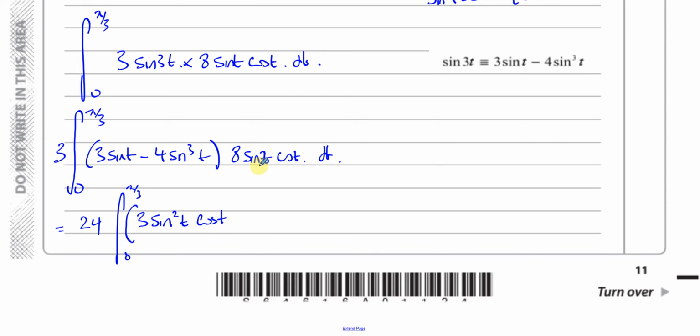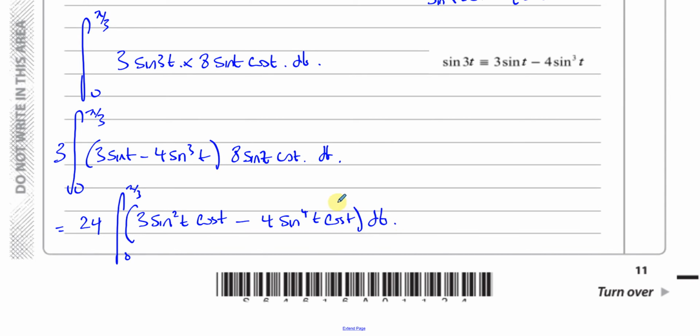That's when I multiply this by this. And then I'm going to have minus 4 sine to the power of 4 t times cosine t dt.